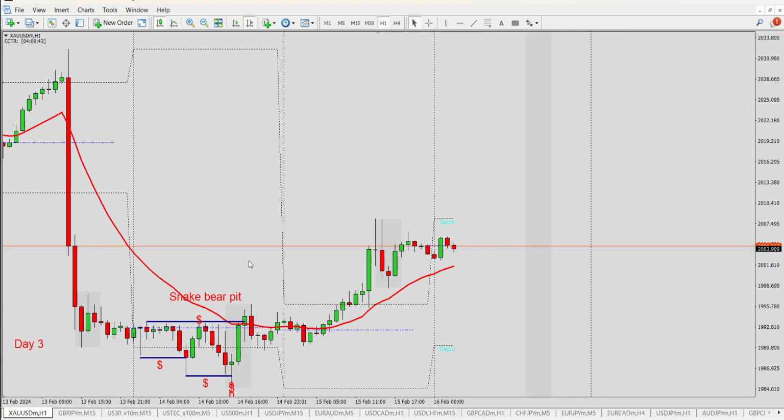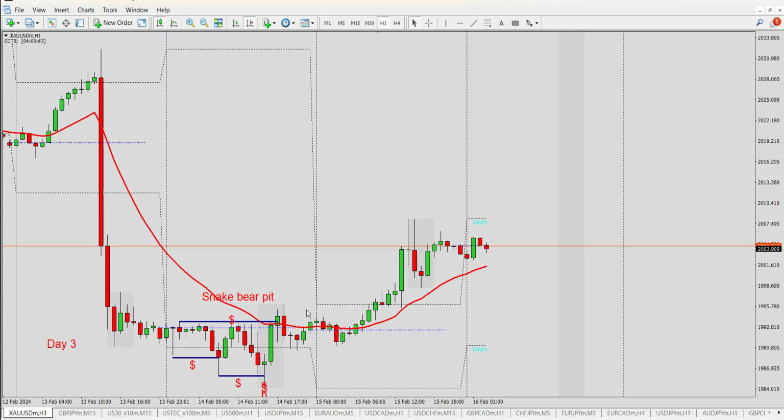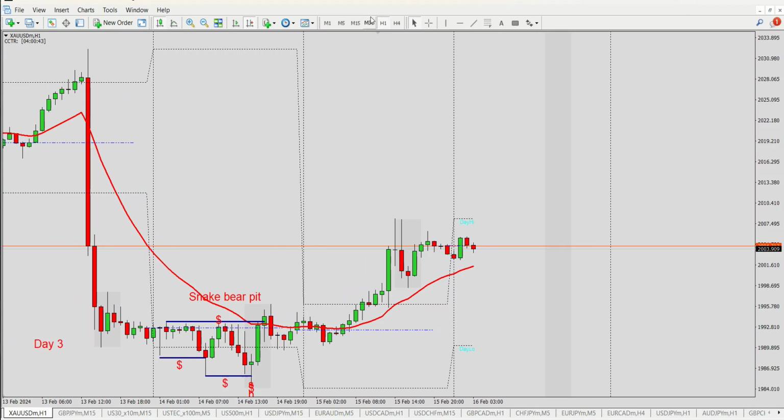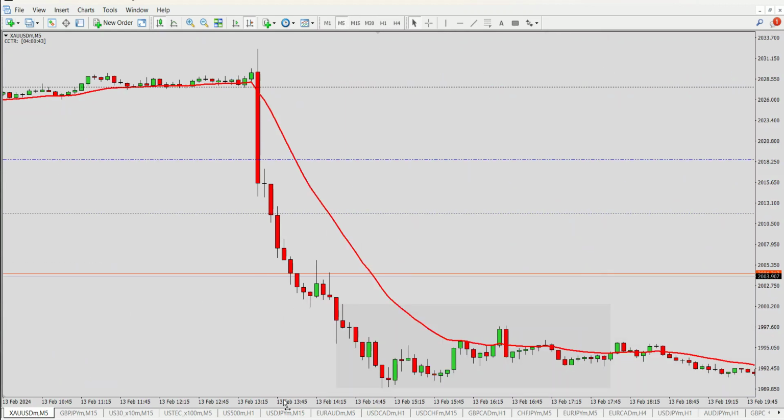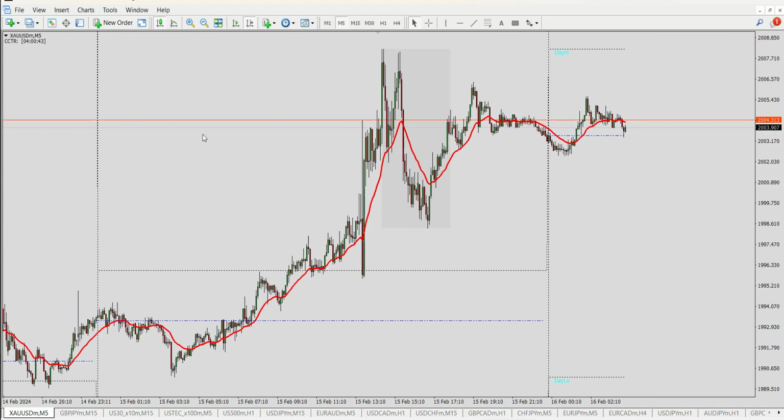Yesterday is the day where I took the pound, but on a different account. Yesterday I took gold again. Yesterday we already got a snake bear pit, but there was news. When there's news, I go to a 1 minute time frame to capitalize on news, only if the opportunity is there.